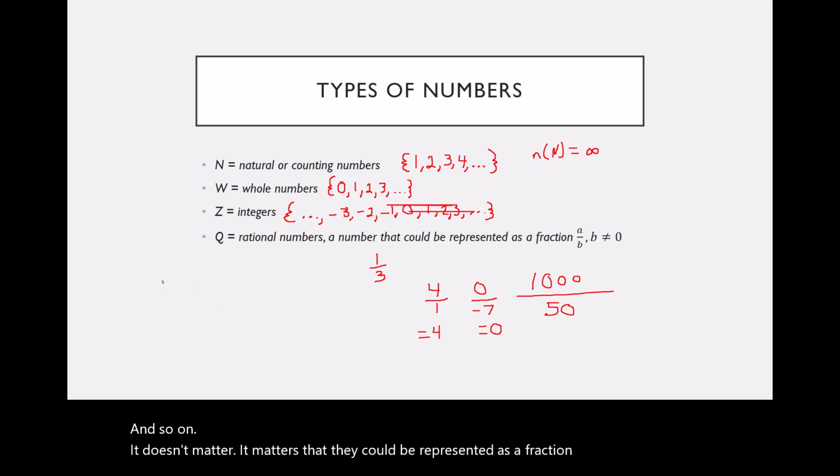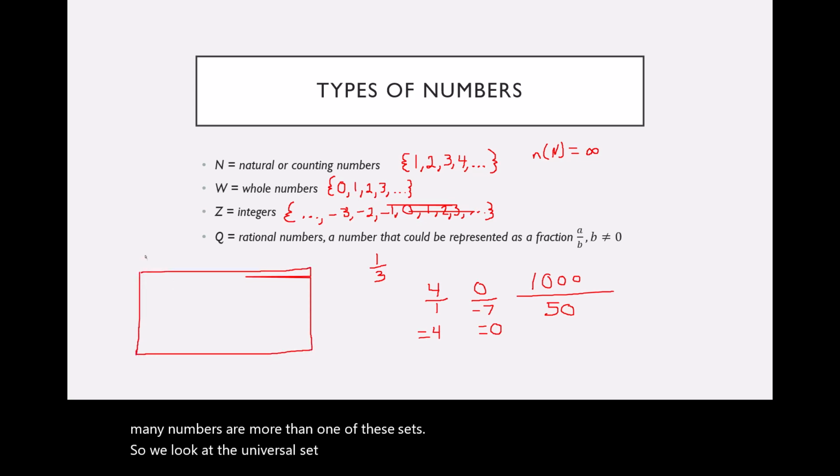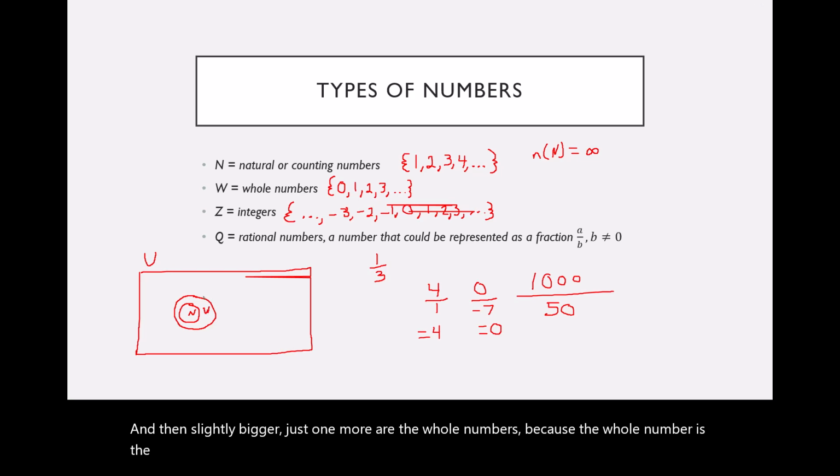So, for example, many numbers are in more than one of these sets. So we look at the universal set of all numbers. We have the smallest set as being the natural numbers, and then slightly bigger, just one more, are the whole numbers, because the whole numbers are the natural numbers plus 0.